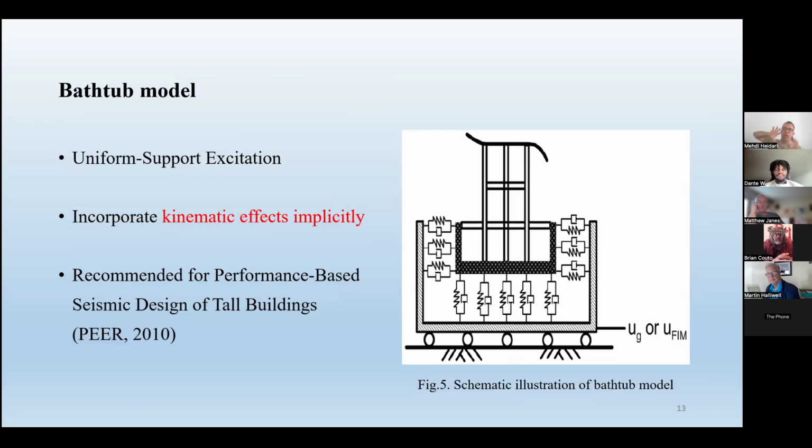We usually ignore the kinematic interaction, and this could be accurate if you don't have significant soil-pile interaction, which could be minimal. But if you have liquefiable soil, or in the case of a slope, you have this kinematic interaction.